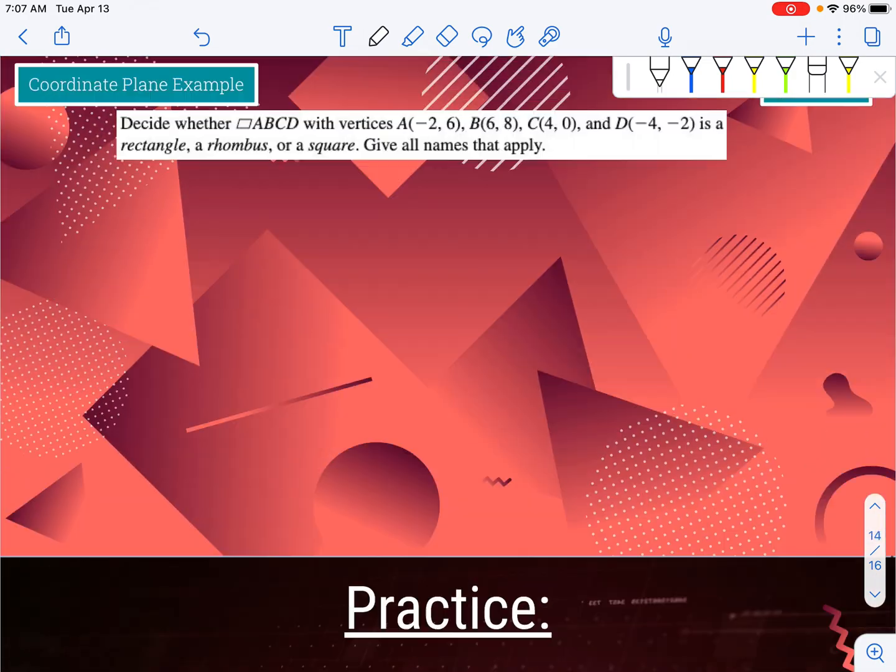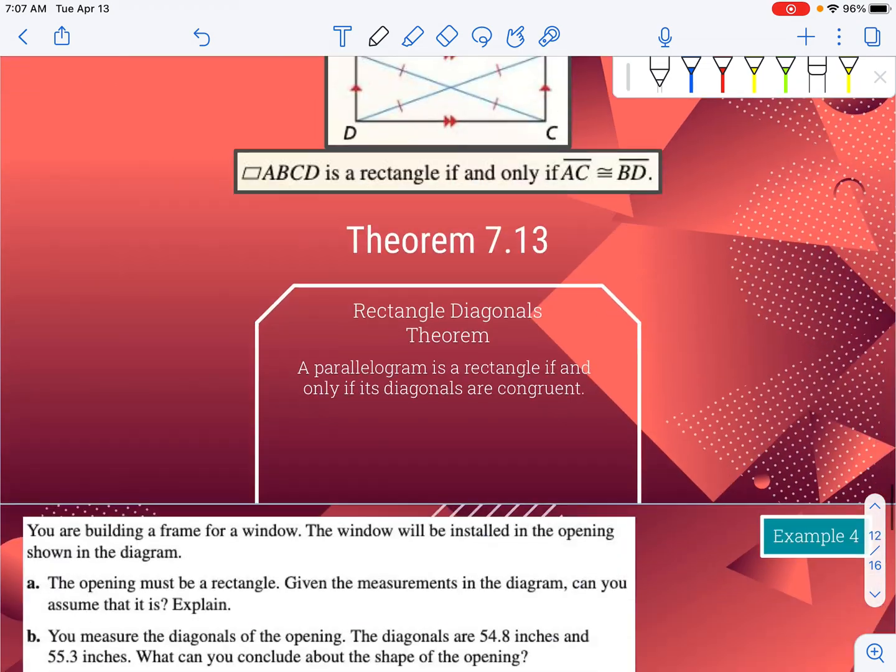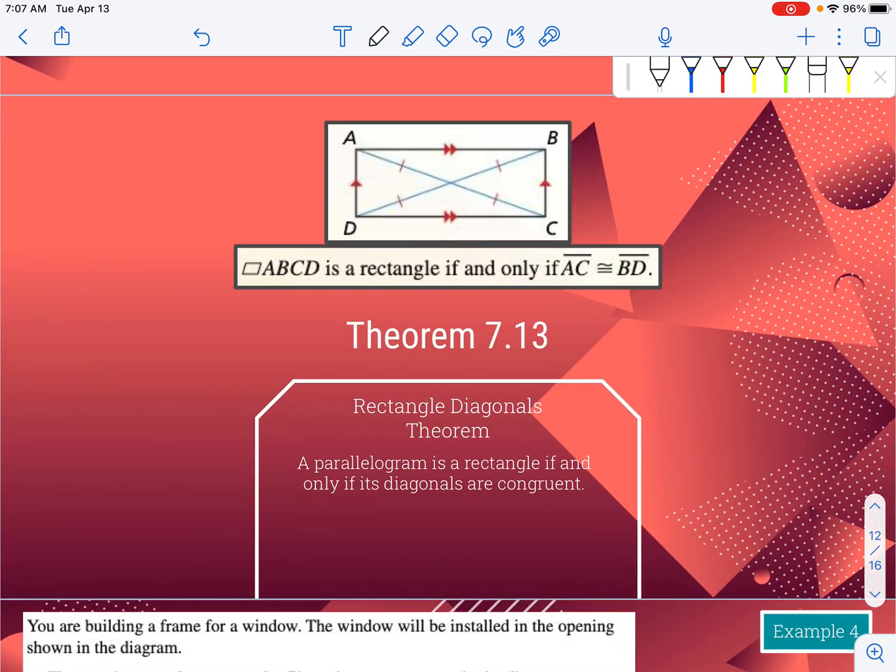I think this will be our last theorem. Two more examples. Quadrilateral ABCD is a rectangle if and only if AC is congruent to BD. So notice that these last couple theorems all deal with the diagonals.